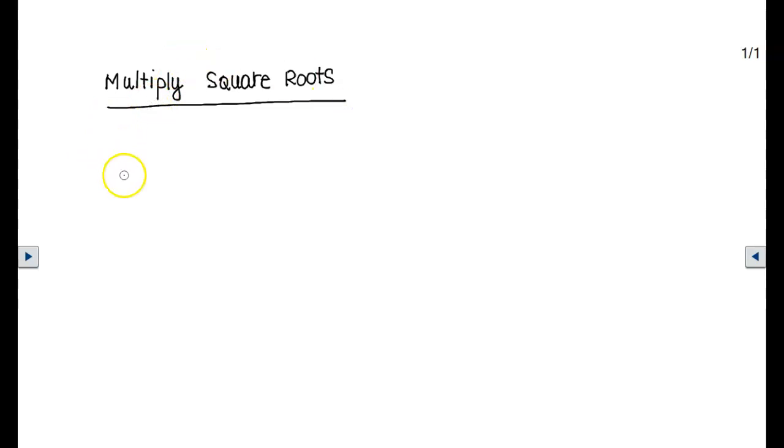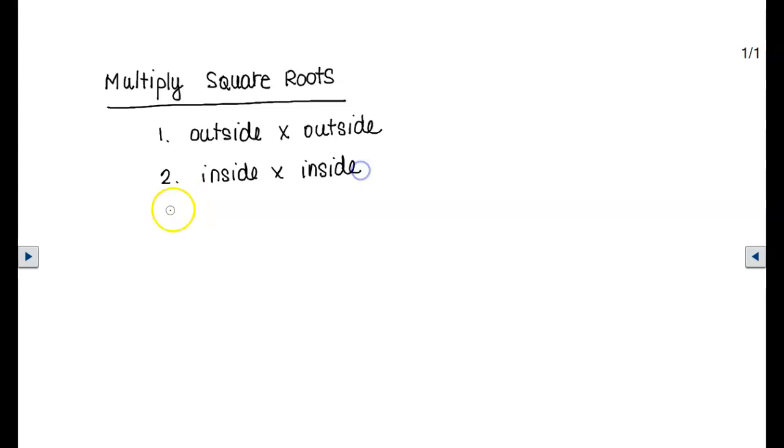And I want to remind you that when we multiply square roots, we begin with the multiplication, and we multiply the outside number times the outside number, as well as the inside number by the inside number. And remember that that will produce one square root. And then we simplify that answer.